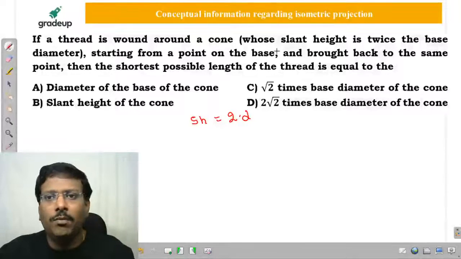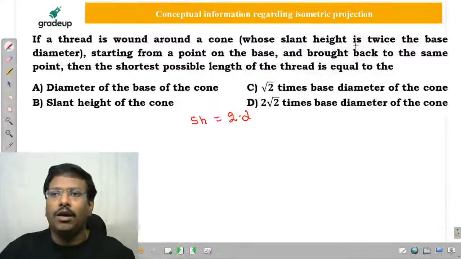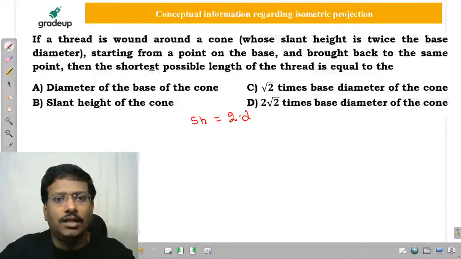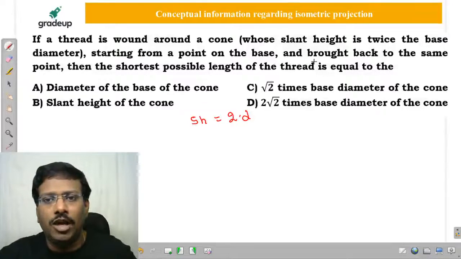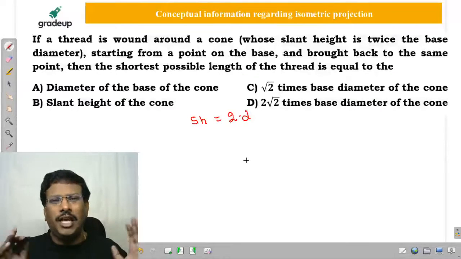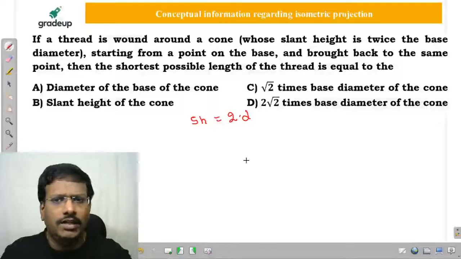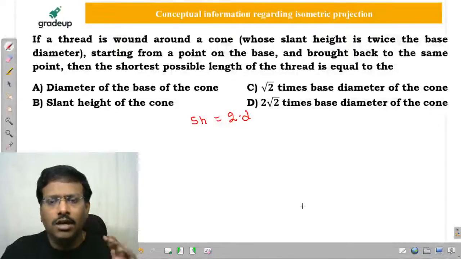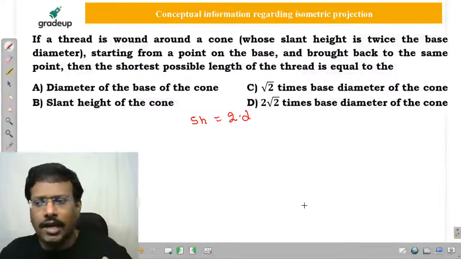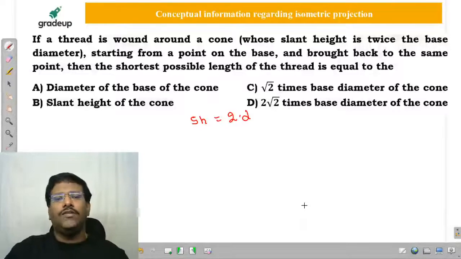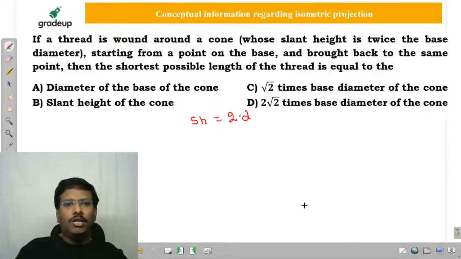It is starting from the point on the base and brought back to the same point, and then the shortest possible length for the thread is equal to how much? Same question, sir. But the only difference is, they gave the relation between slant height and diameter. Then can you give the answer for this, my dear friends?